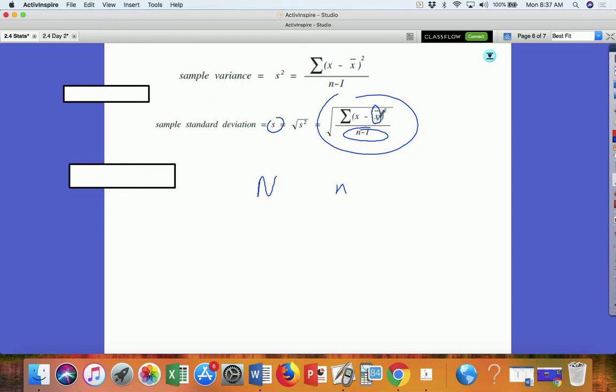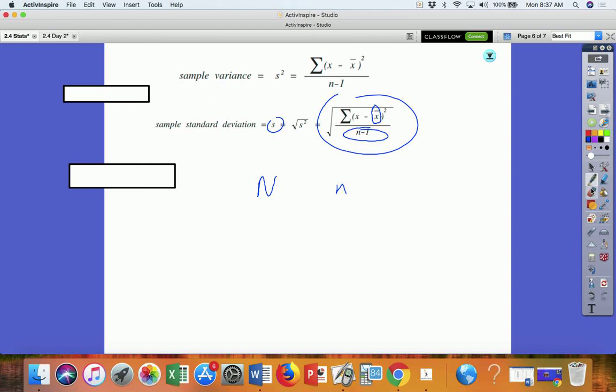So what I'm going to do is give one half of the room one problem, and the other half of the room another problem, and I'm going to have you calculate the sample standard deviation, okay? This half of the room is going to do the sample standard deviation for this set.